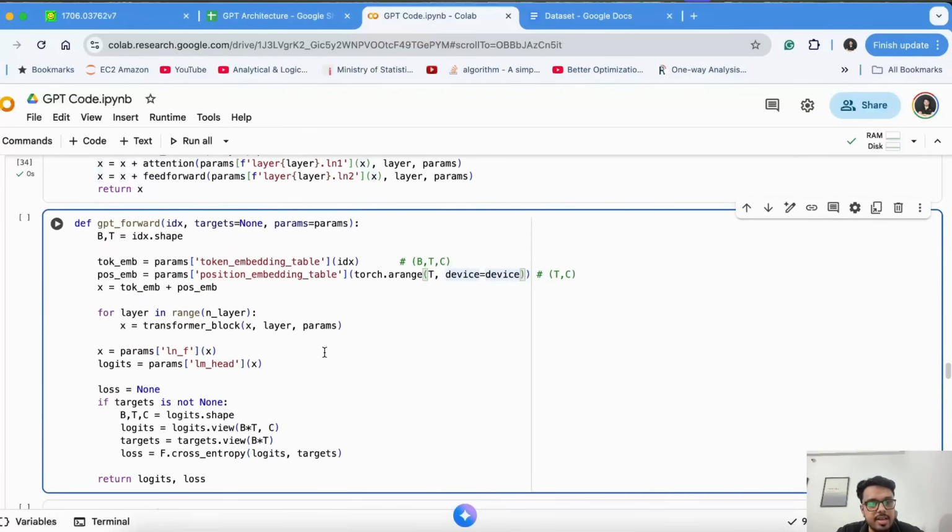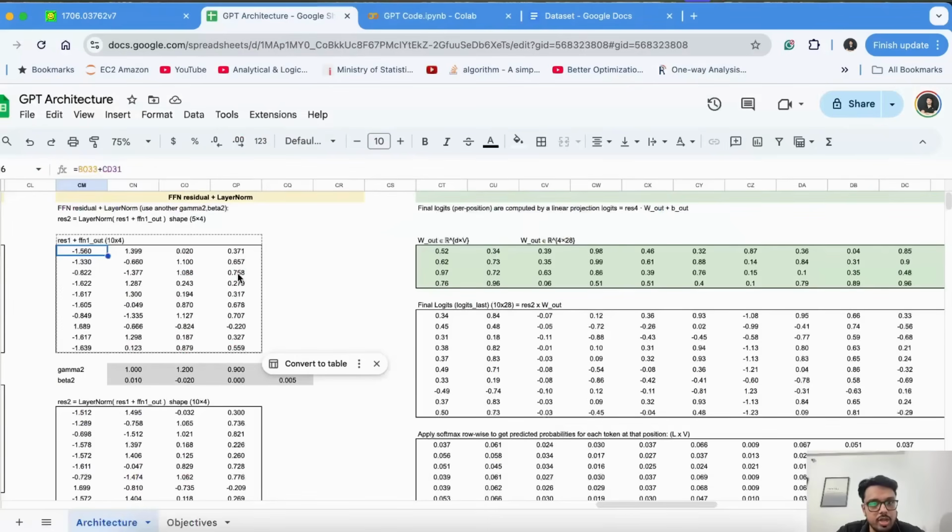Now finally we have to stitch it all together. So this function GPT forward effectively takes the input token sequence, and first it initializes token embeddings, which basically means it is equivalent to doing a lookup.